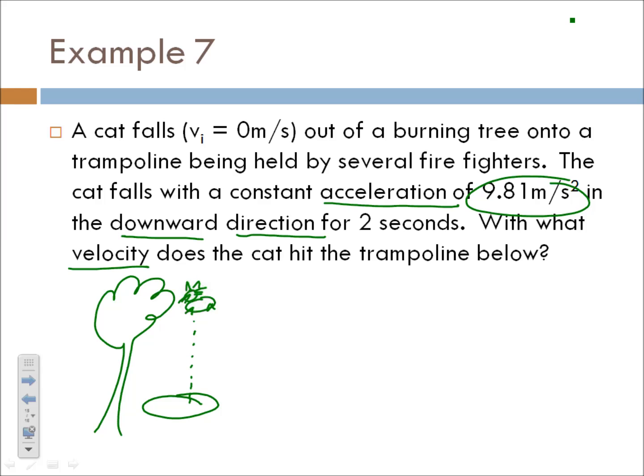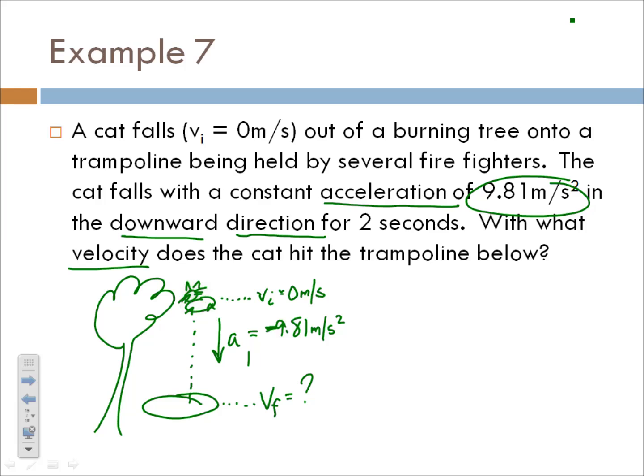He starts with an initial velocity of 0 meters per second because he's falling from rest. And when he gets down here, he's going to hit this with some unknown velocity. The whole time he's falling, he is accelerating in that downward direction at 9.81 meters per second squared. But since it's downward, we have to make sure that that's negative.